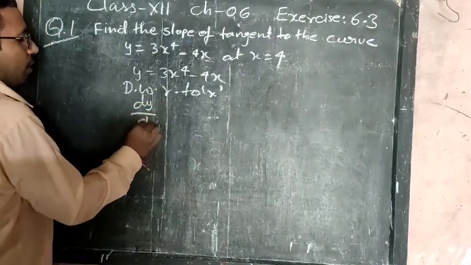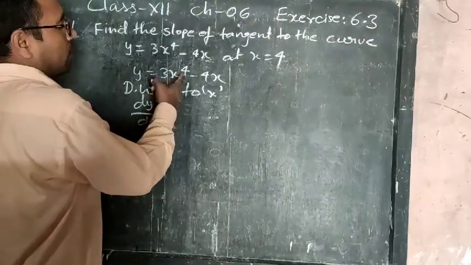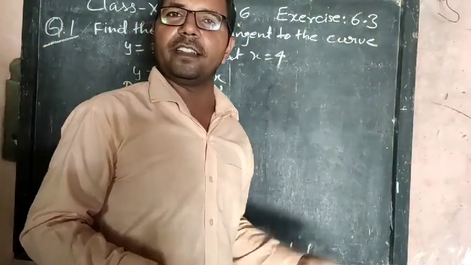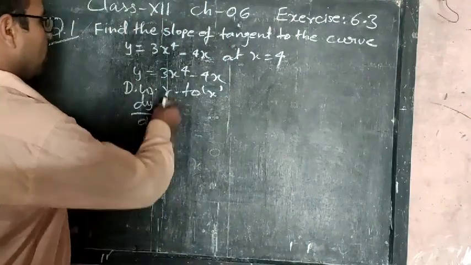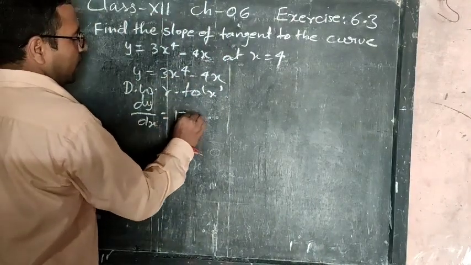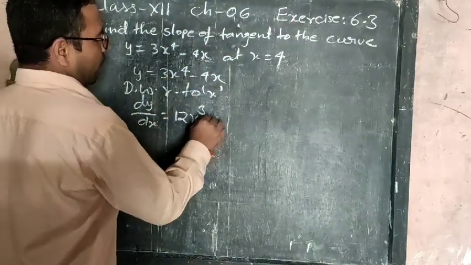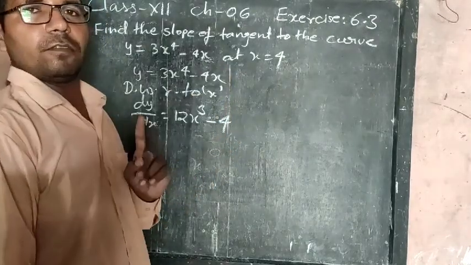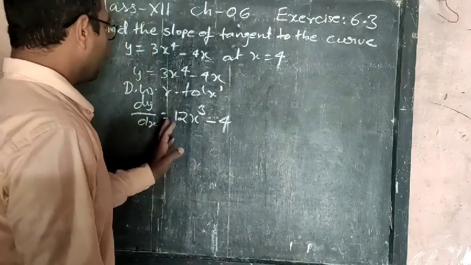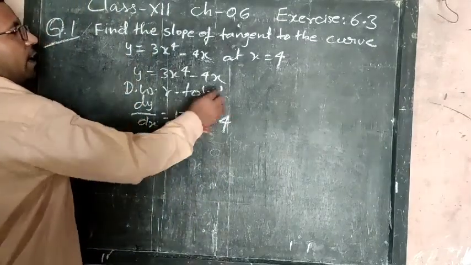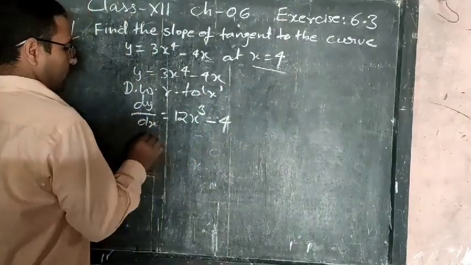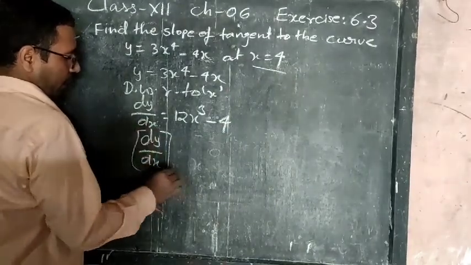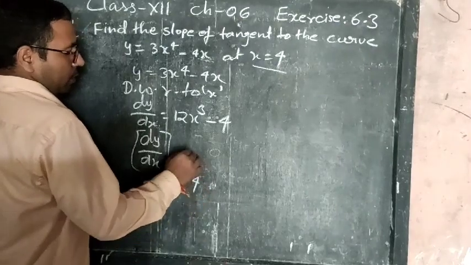Dy by dx is equal to, now 3 is the constant, x to the power 4 differentiation, don't forget the differentiation. So 4 times 3 is how much you will get here? 12 x to the power 3 minus 4 is the constant, x differentiation, so you will get 1. So now we have got this much. Now we want to find out dy by dx at x is equal to 4.